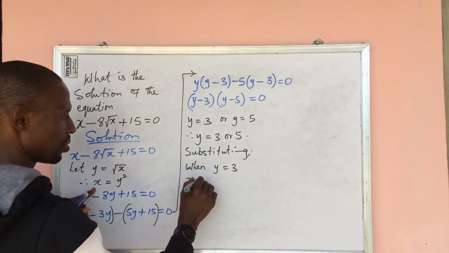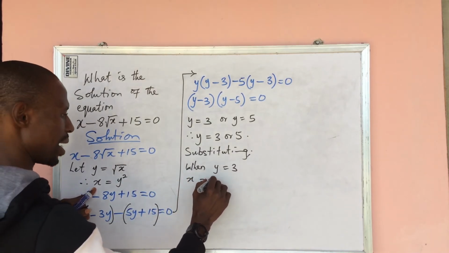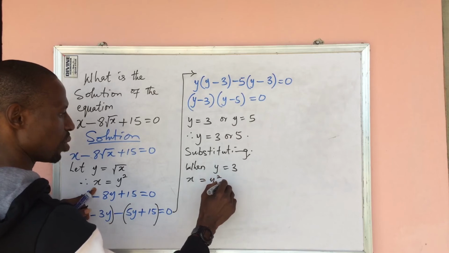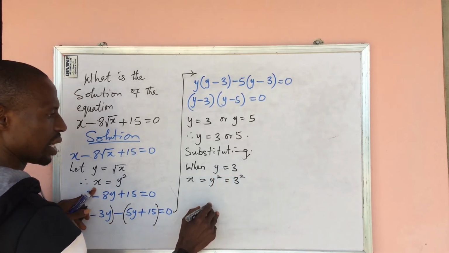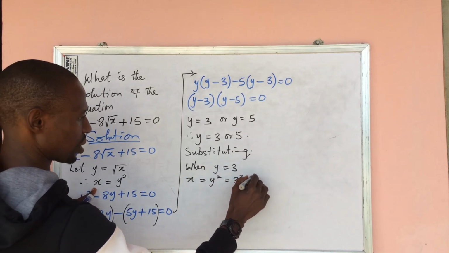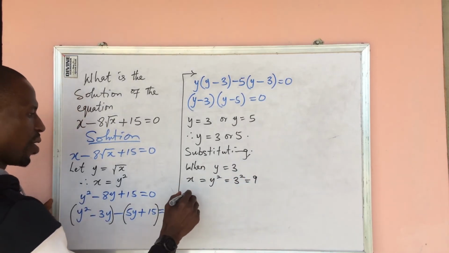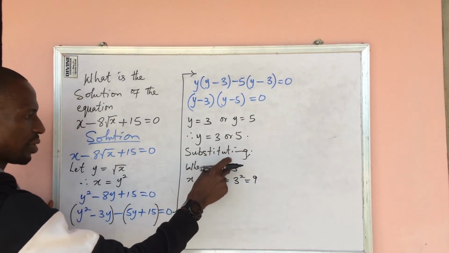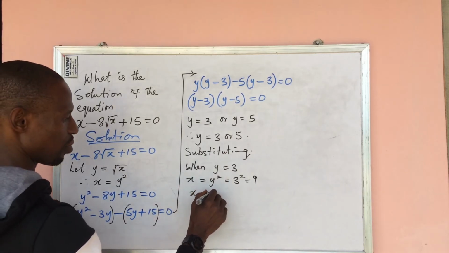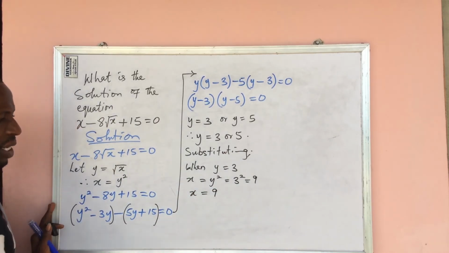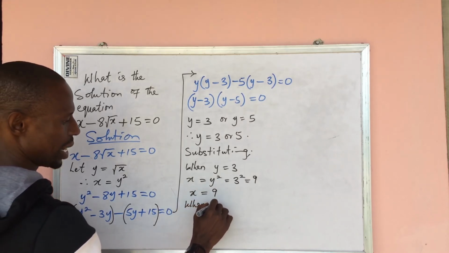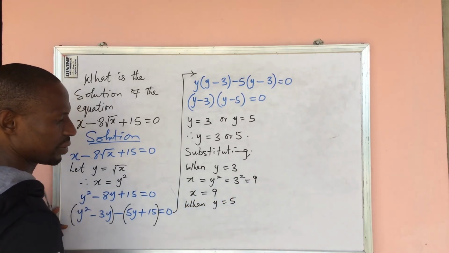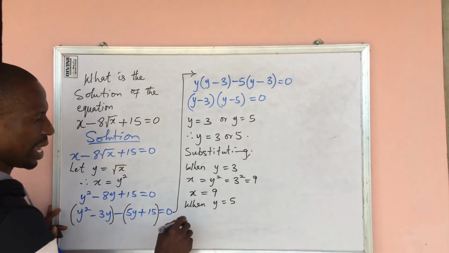So x will now be y raised to power 2, which is equal to 3 raised to power 2. And 3 raised to power 2 is equal to what? 9. So when y is equal to 3, x is equal to 9. We go again, when y is equal to 5, what will be the value of x?